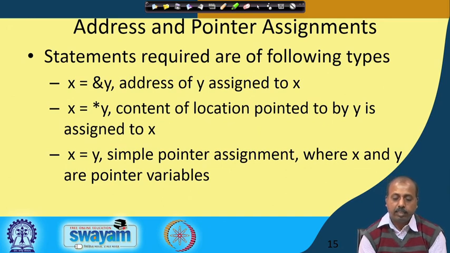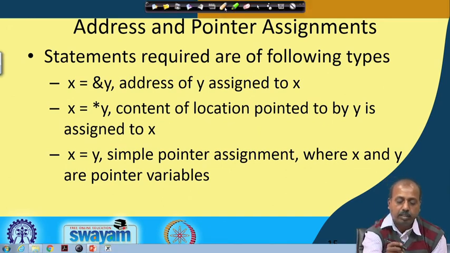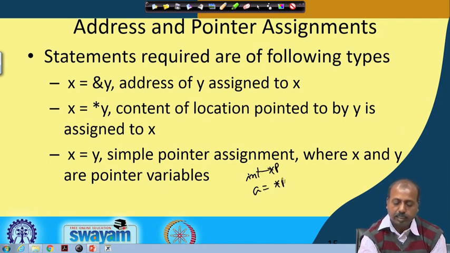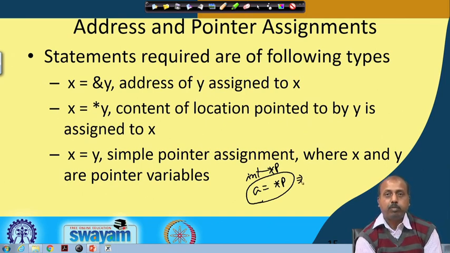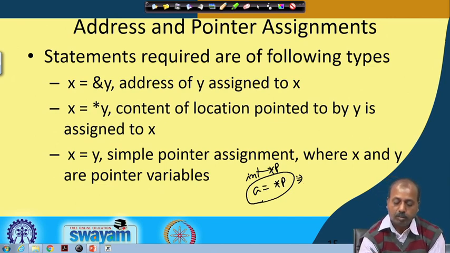Suppose, for example, in C language, you have an integer pointer int star p, and at some point you have a statement like a equal to star p. Now, how are you going to write it in terms of some lower level language program in which pointers are not supported? If pointers are not supported, it is almost impossible to write it with the proper flavor.